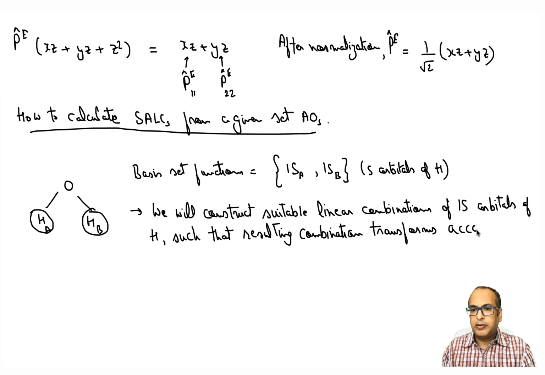How do we do that? That is very simple, and we have seen that. If we apply E onto 1sA, 1sB, what do we get? We get the same matrix back. This implies that E can be written as a 2 cross 2 unit matrix, right?